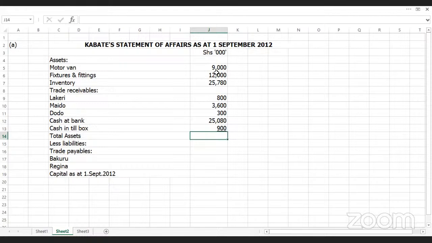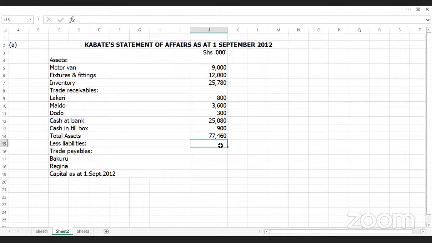So total assets. How can we arrive at total assets? We add, and we will get the total assets figure. What will the total assets figure be? I have 77,460.